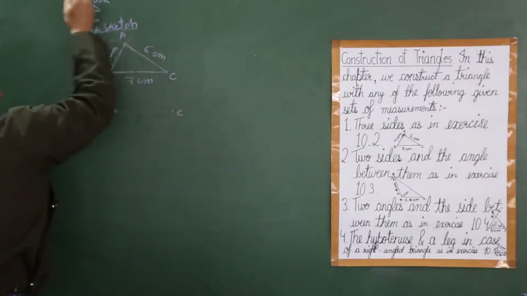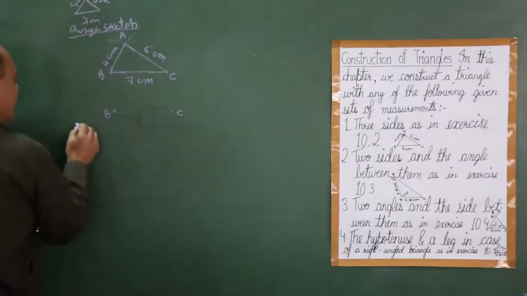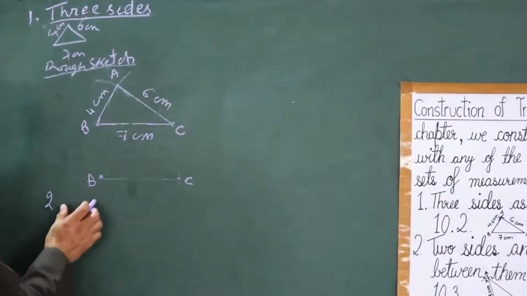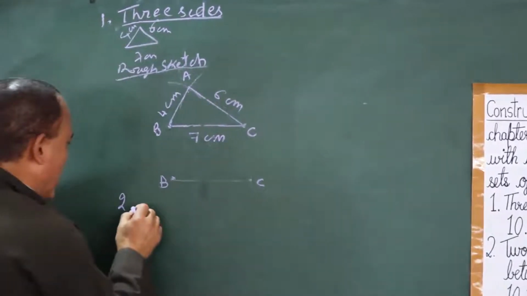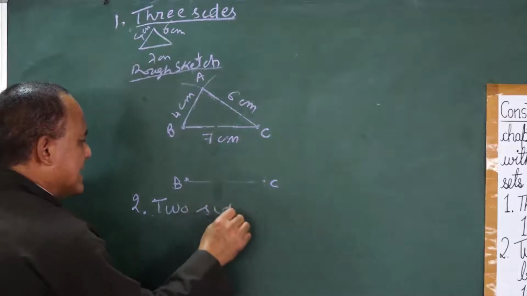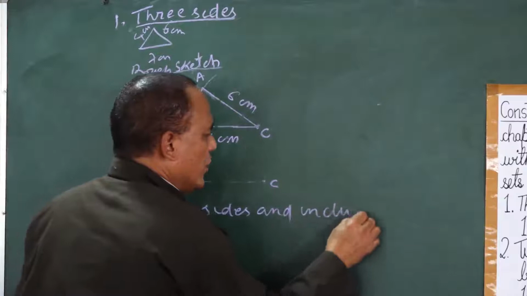Now when we go to the next one, in the second one we have 2 sides and an angle between them. So we can say 2 sides and included angle.